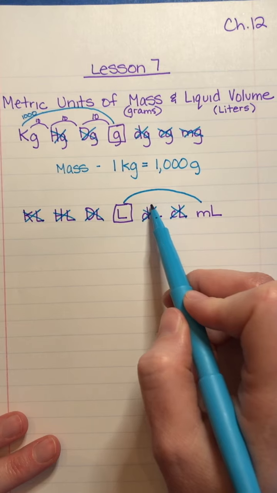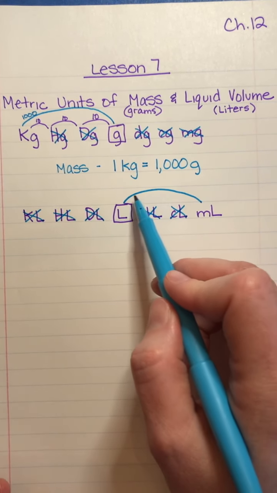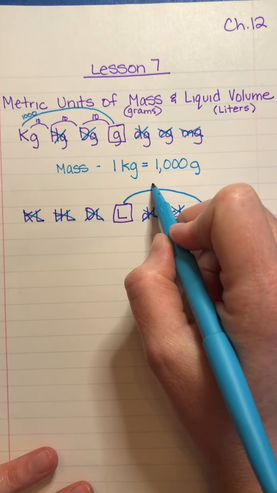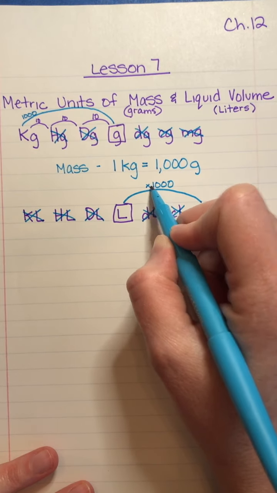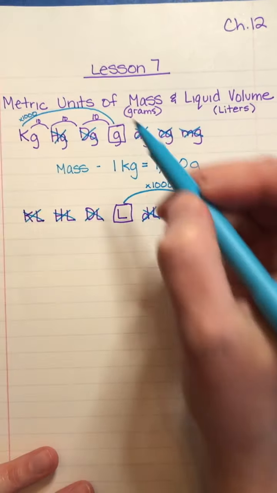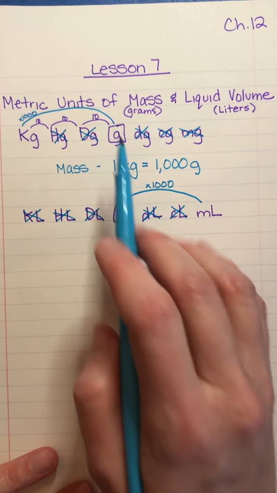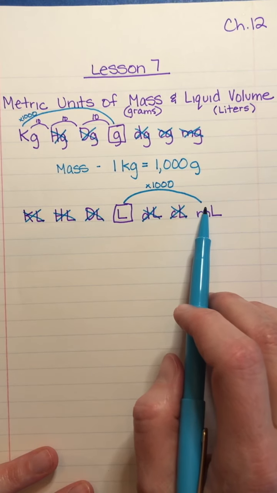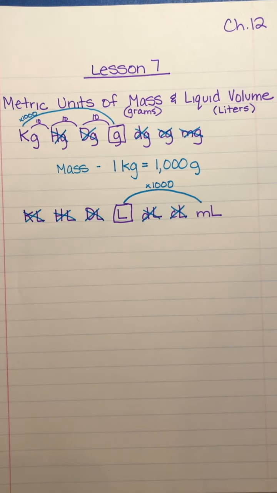We've got 1, 2, 3 little jumps we're making as one big leap. So to change from one to the other, we're going to change by 1,000, and we'll be multiplying, same as up here. Up here we're going from the big kilogram to gram, and down here we're going from liters down to those tiny milliliters.